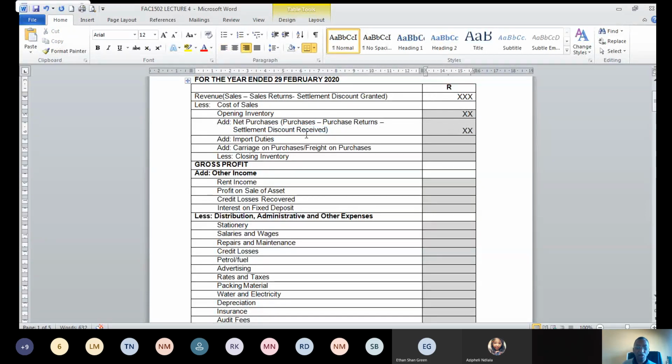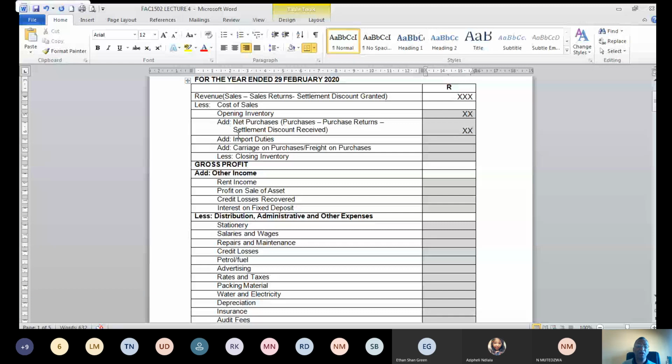Then you add any other expenses that you may incur in getting the stock to you, all your transport costs. When you have purchased any stock and you had to deliver it, or you had to bring it into your store, that is part of your cost of sales.